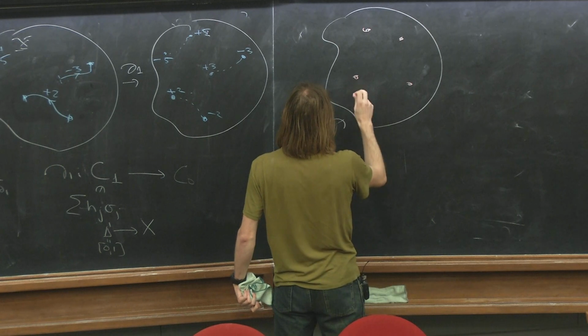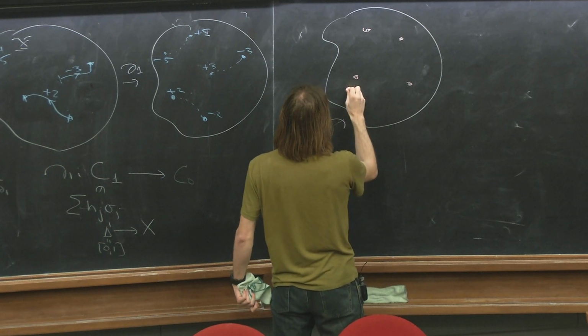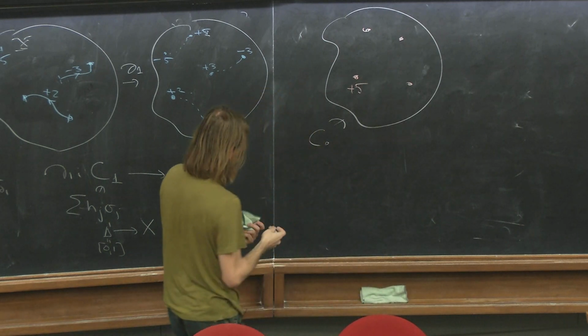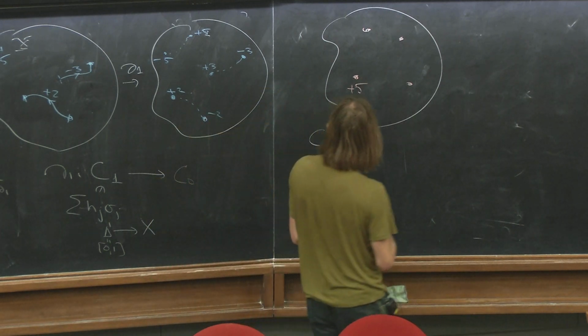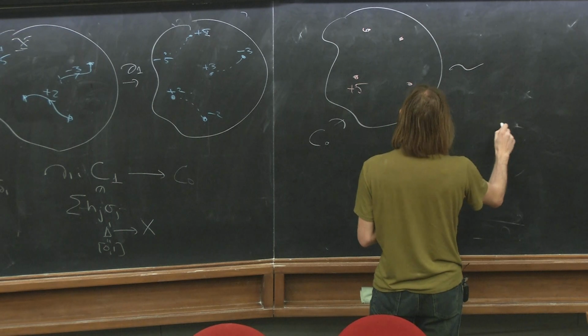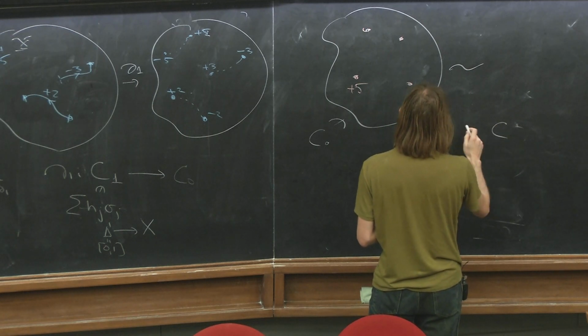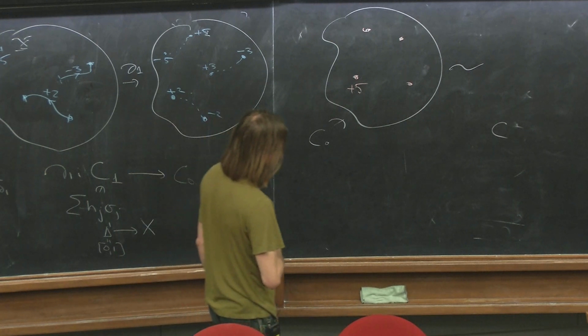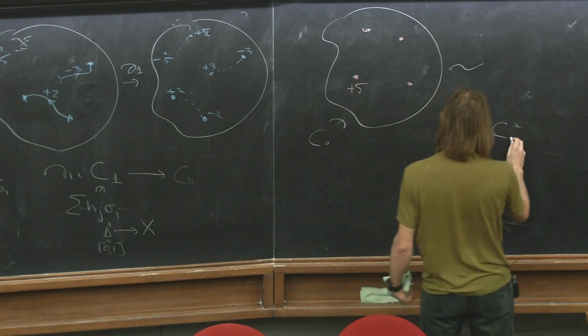I can always suppose I consider some point with some weight, I don't say +5. This I can always change to an element which gives me the same homology class.